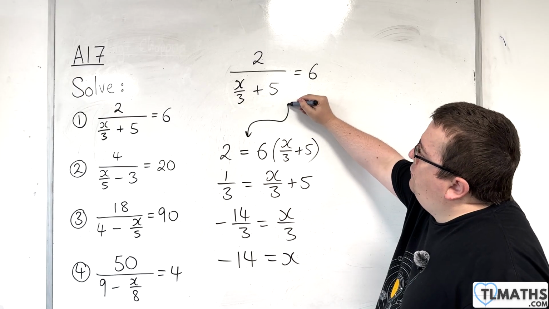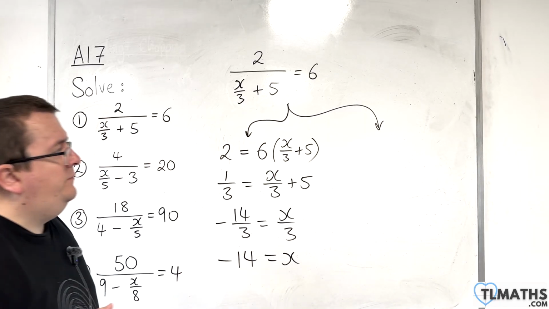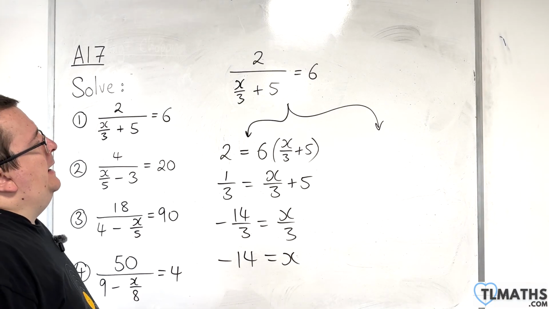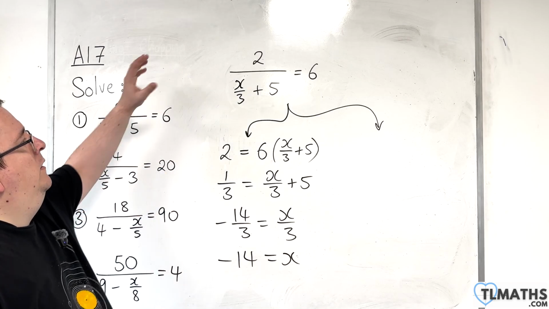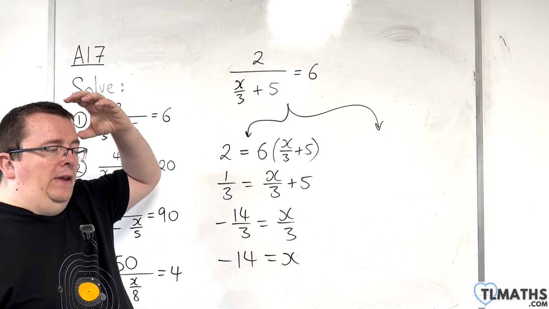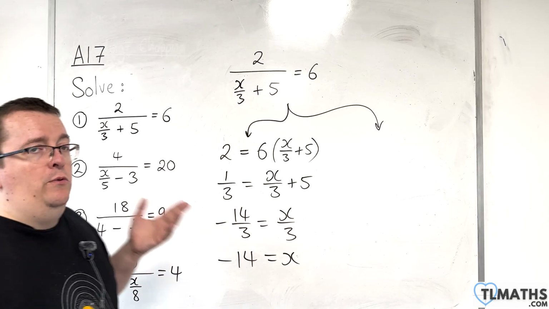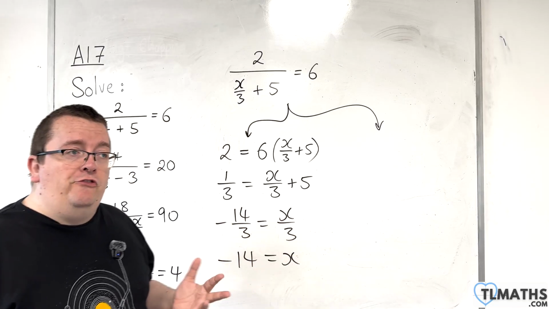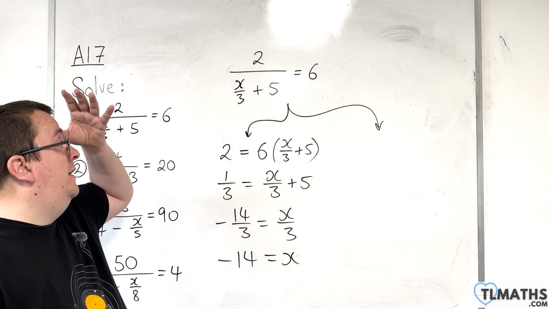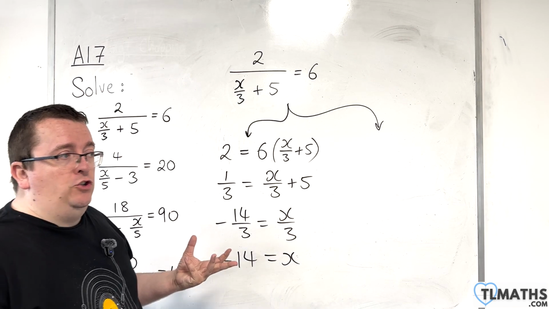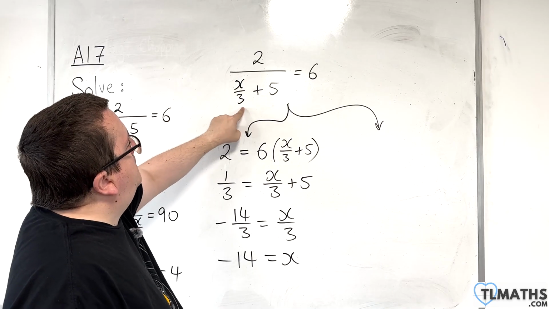So there are methods and ways to avoid this, as much as possible, if we do a little bit of manipulation. So the other way of doing this, what I tell my students is that I don't like fractions within fractions. I don't like nested fractions. So what I deal with first is to get rid of any nested fractions. So in the denominator, you've got this x over 3.